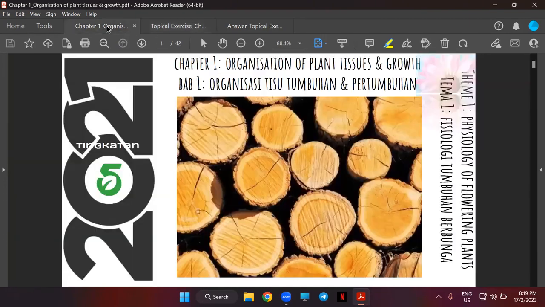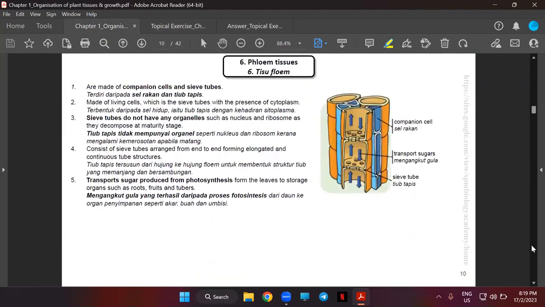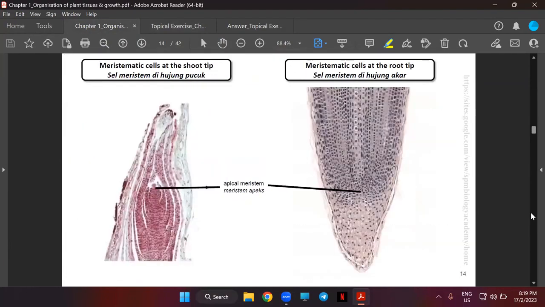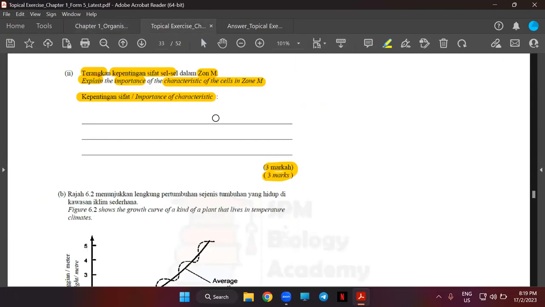But cuba kita lihat nota kita. Okay, this is zone M, right? Zone of cell division ataupun zone pembahagian sel. Ini ialah zone M. Okay, first we are going to write the importance. Apakah kepentingan sel-sel yang ada di zone M?